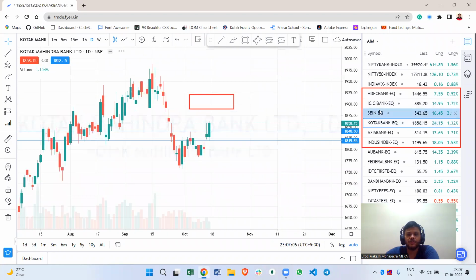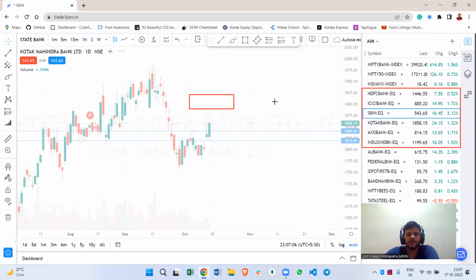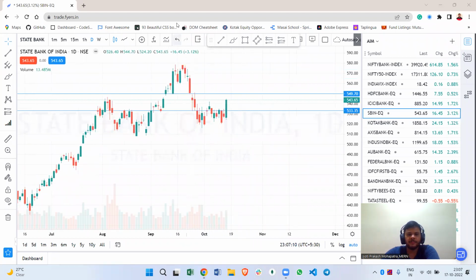Now let's look into SBI. SBI shows more positive movement here. You can see that if you count its highs and lows, it's around 20 points, and here you can see that it shows one W pattern, and it closes above that range. You can continue for buying trade.